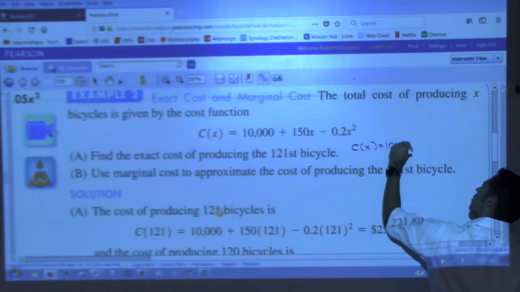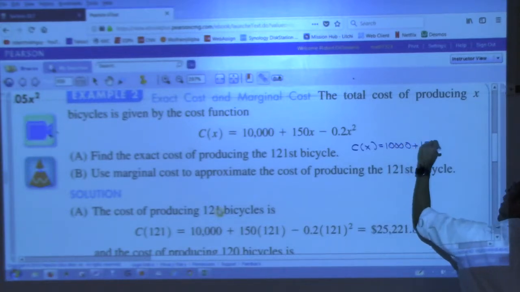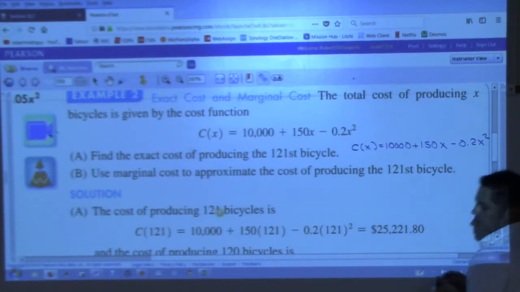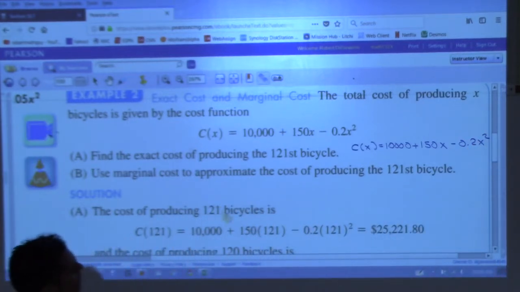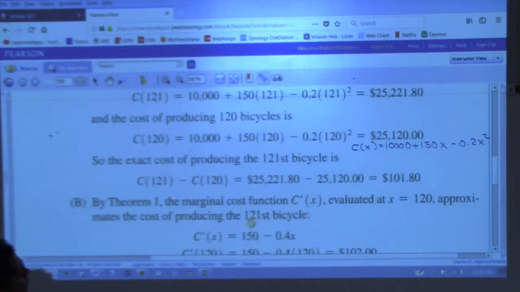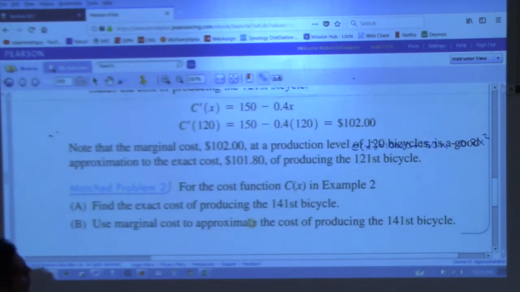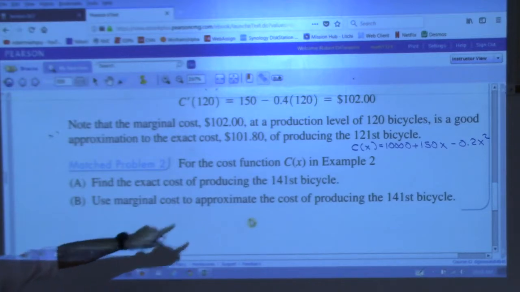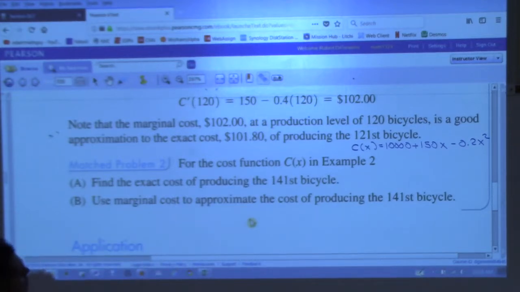It's 10,000 plus 150x minus 0.2x squared. Can y'all see it okay over there? All right. I'm going to give you 5 minutes on this one.